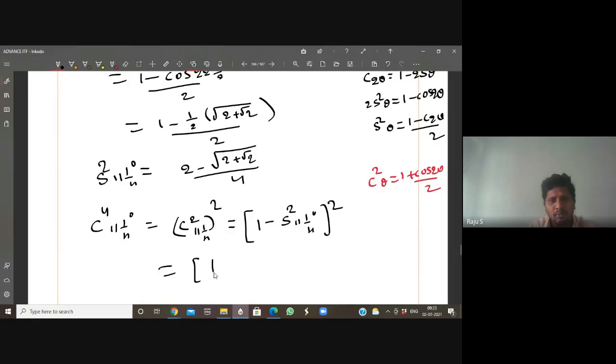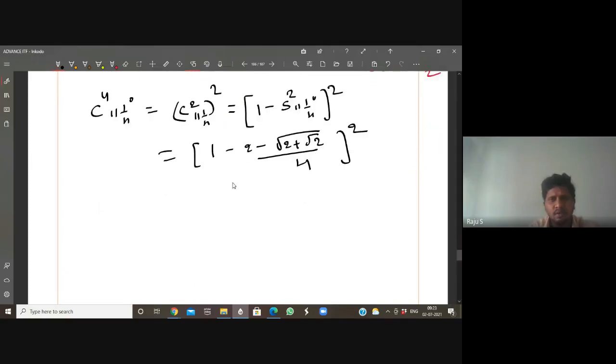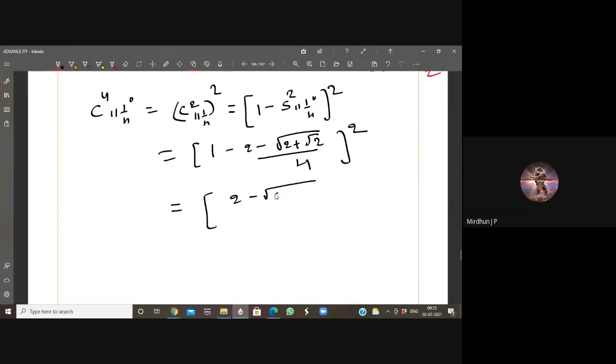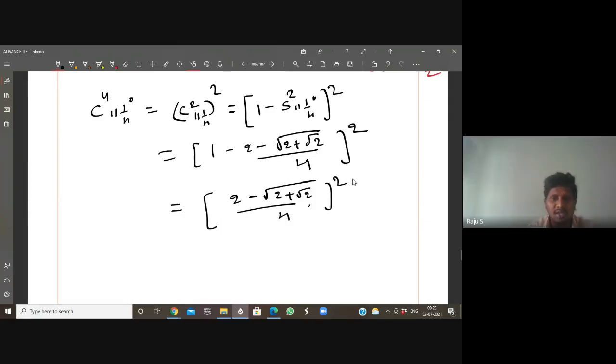Now 1 minus sine square value is 1 minus 2 minus root of 2 plus root 2, all divided by 4, the whole square. Take the LCM, which will be 4, then 4 minus 2 becomes 2, so 2 plus root of 2 plus root 2, the whole divided by 4, the whole square again.